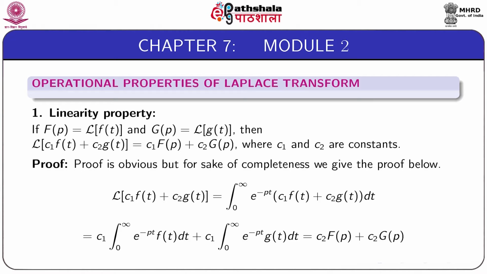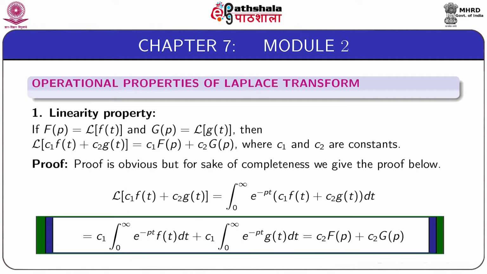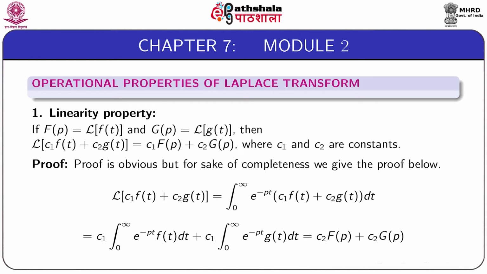Now we separate the integral to write C1 into integral from 0 to infinity e to the power minus pt f(t) dt plus C2 integral from 0 to infinity e to the power minus pt g(t) dt, which is equal to C1 into F(p) plus C2 into G(p), because the first integral is the Laplace transform of the function f(t) and the second integral is the Laplace transform of the function g(t).